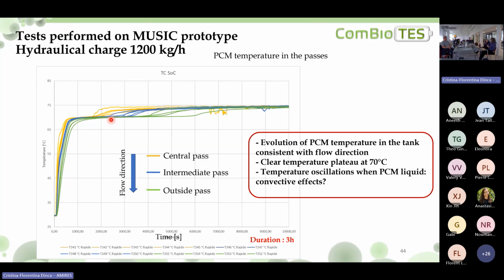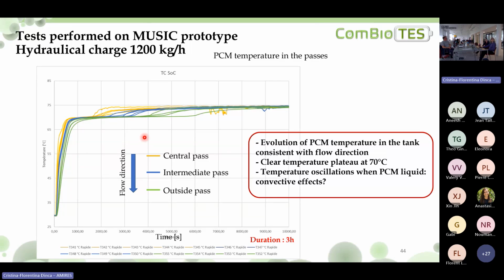As was presented, in the hydraulical part of the tank, we have 3 passes. The temperatures around the central pass are presented in yellow. Around the intermediate pass, they are presented in blue, and around the outside pass, they are presented in green.